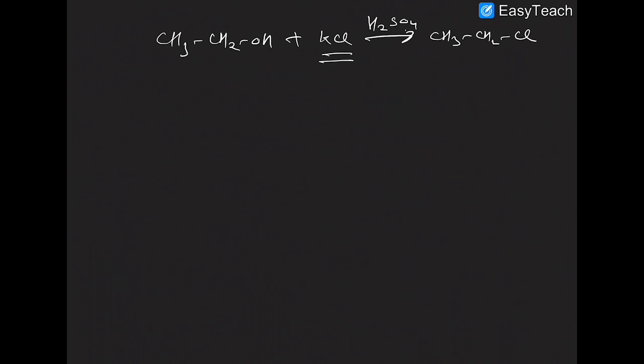Similarly, if you have an alcohol and react it with KCl in presence of H2SO4, then you have HCl. Why? Because KCl with H2SO4 will give you HCl. Or if you treat with KBr in H2SO4, then also you will get the same product.